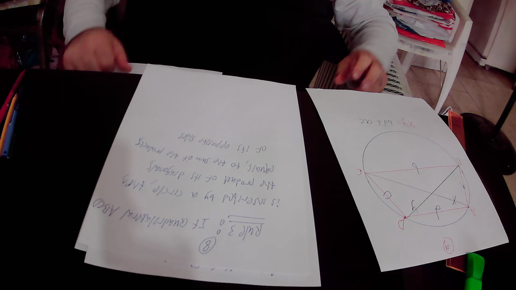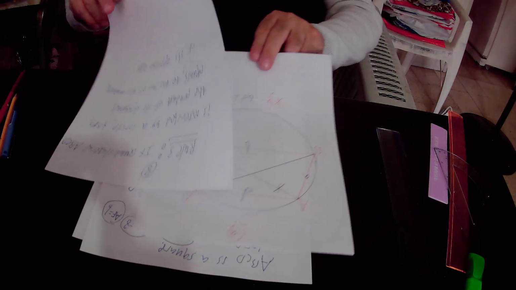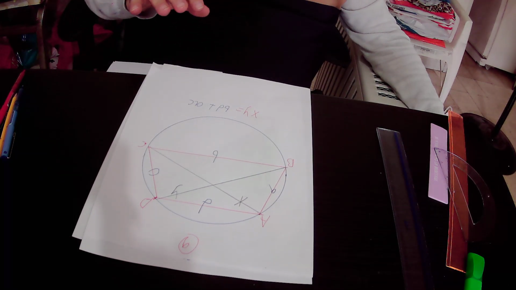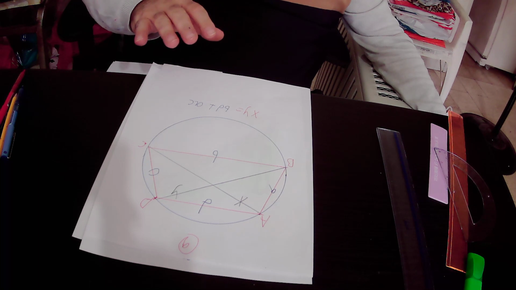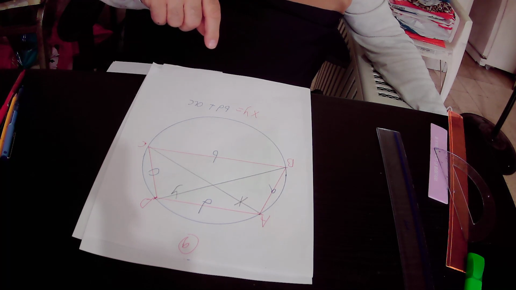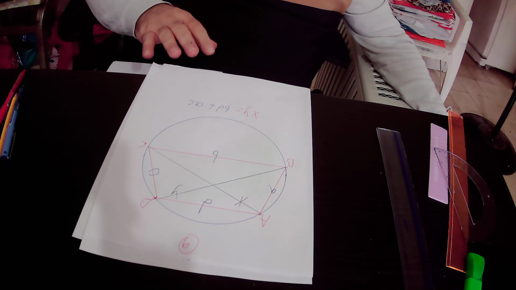So what is the meaning of rule number 3? The meaning of rule number 3 is that whenever you have a quadrilateral, any quadrilateral, and a circle that circumscribes that quadrilateral, then you can implement rule number 3.